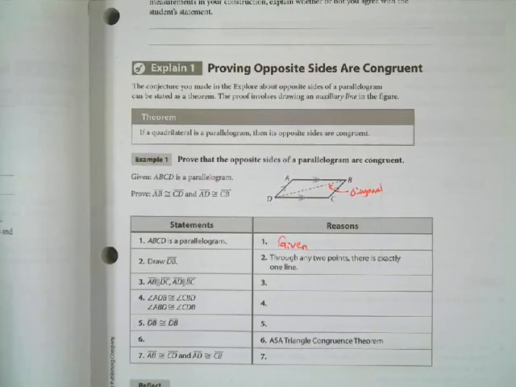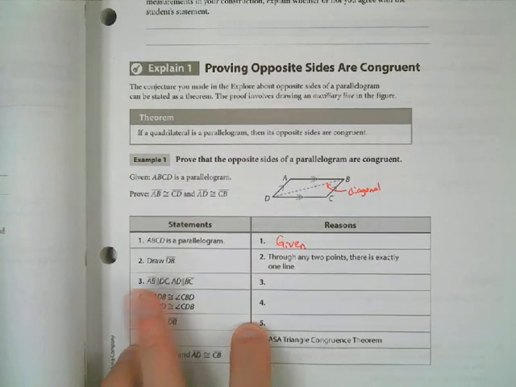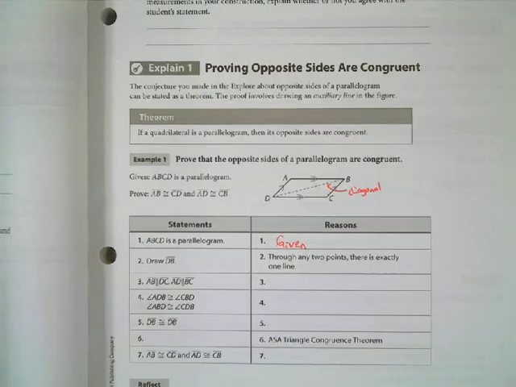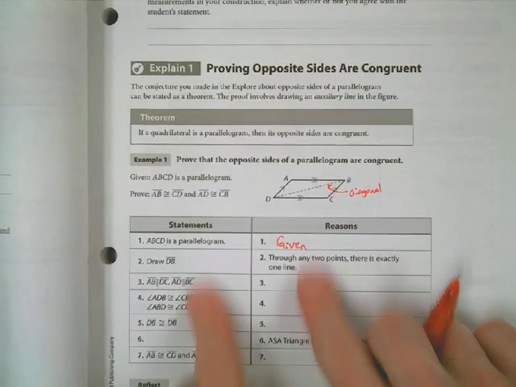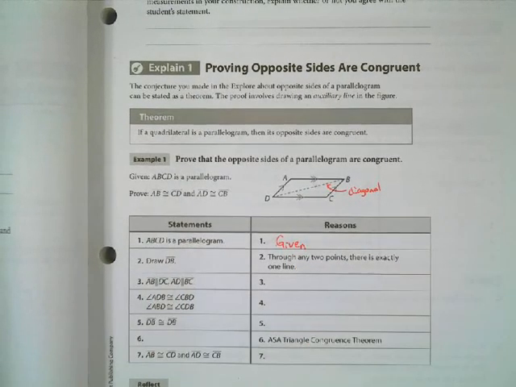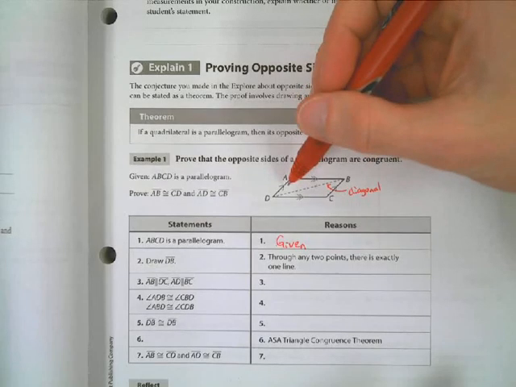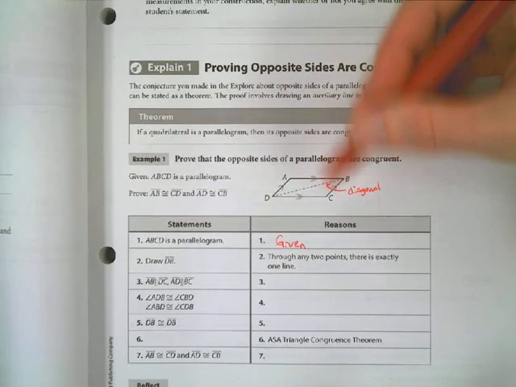All right. Number 3 says AB is parallel to DC and AD is parallel to BC. So from the information that we already stated here, how can we then make that statement? Where is that coming from? So Keegan, how do we know that AD is parallel to BC and that AB is parallel to DC?